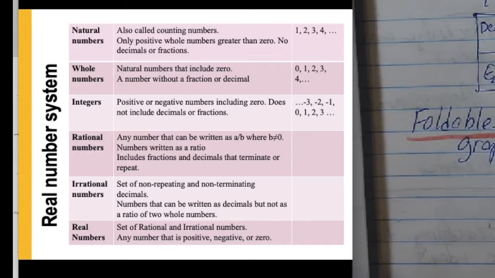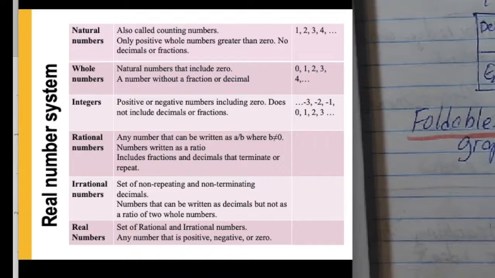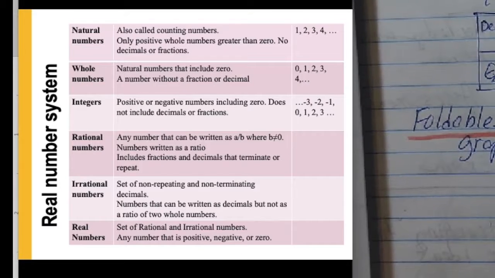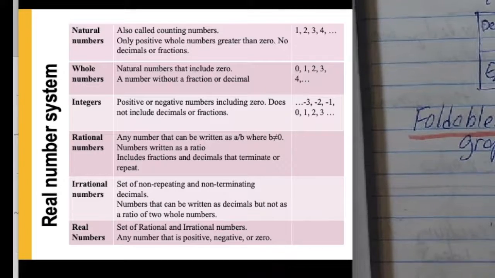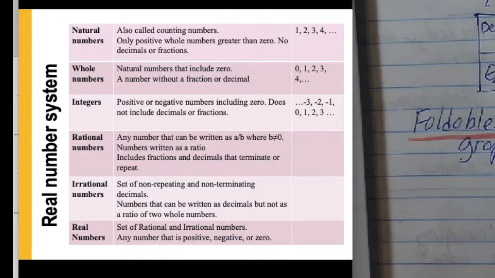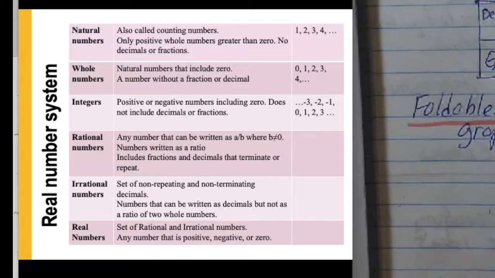At this point, integers do not include fractions nor decimals. Now, my rational numbers include my fractions. Any number that can be a fraction, as a over b. Irrational numbers are my non-repeating, non-terminating decimals. And all of these subsets combined together form the real number system.